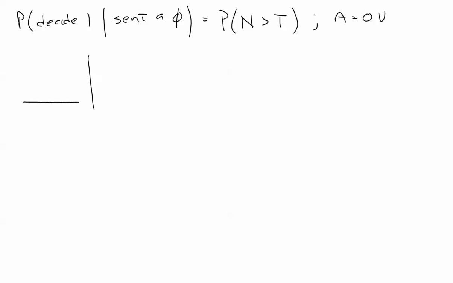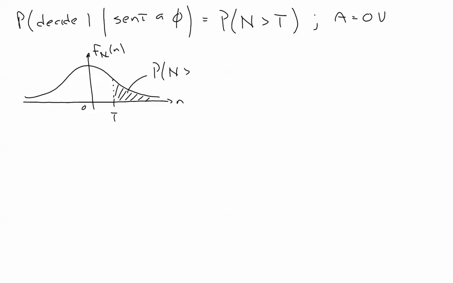So once again, looking at my probability density function for my noise, that's 0. Here's the threshold. This is the area. That's the probability that the noise is greater than my threshold. And using the Q function, this is Q of T over sigma. Once again, my noise is 0 mean, so I don't have to subtract off the mean.